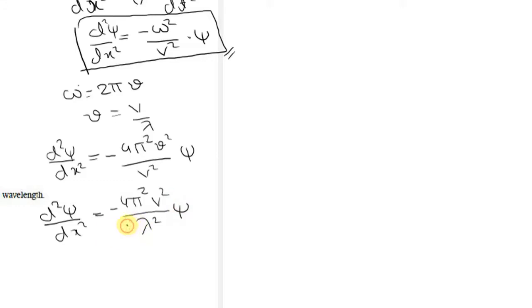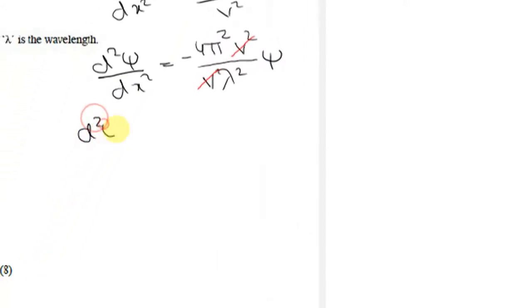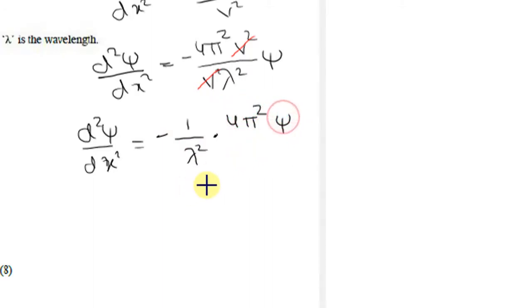And in the denominator also there is v squared, so we can cancel the common part v squared. Rearranging, the remaining equation can be written as d²ψ/dx² = −(1/λ²) × 4π² × ψ.